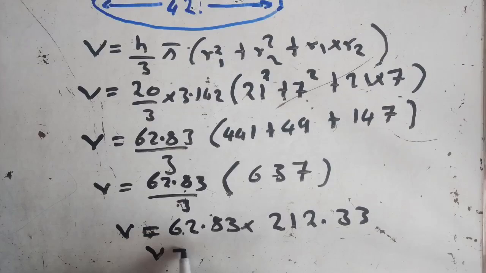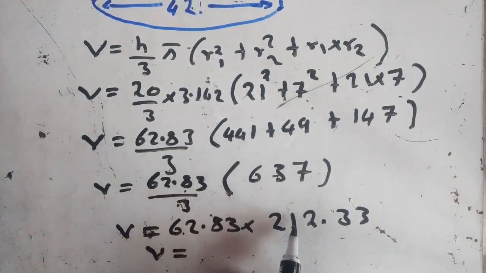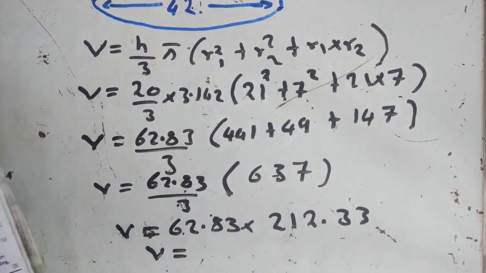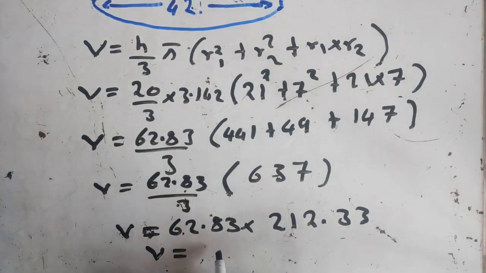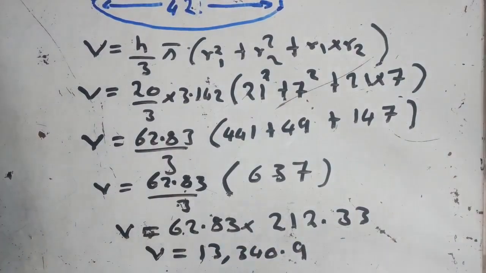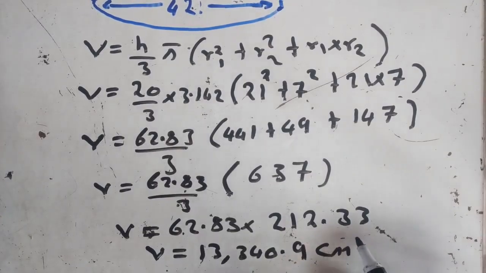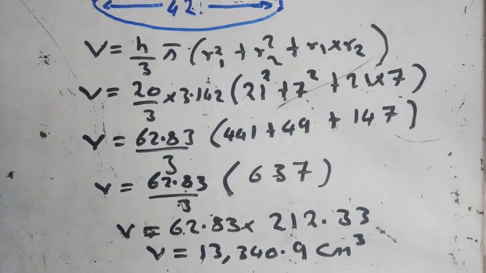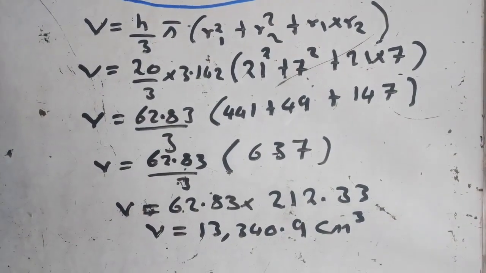So 212.33 multiplied by 62.83 will give you 13,340.9. So this was the volume, in centimeters cubed.